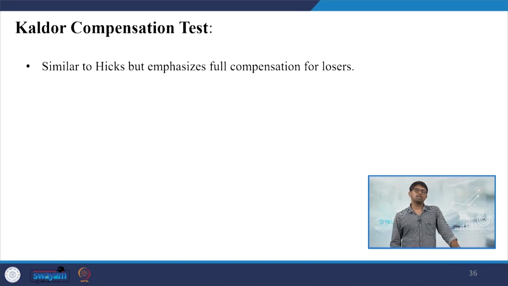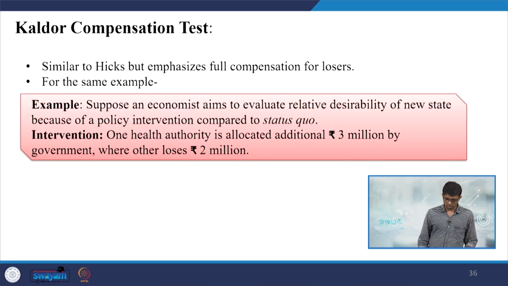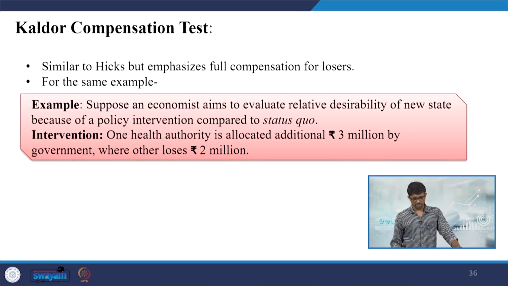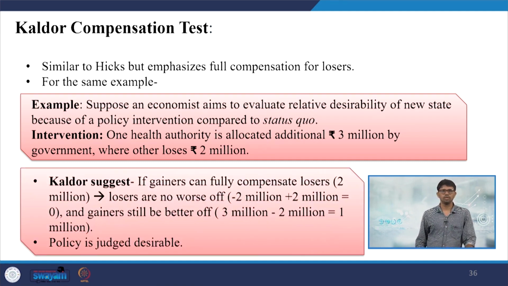Whereas the Kaldor compensation test is similar to that of Hicks. It emphasizes full compensation for the losers. Suppose again, in the context of desirability of the outcome of policy interventions, the authority is allocated the same 3 million rupees by the government and the other loses 2 million rupees.